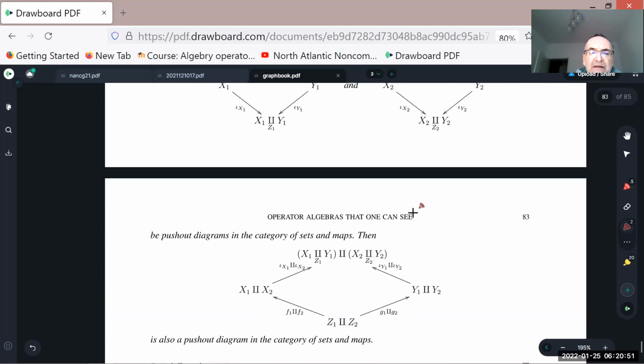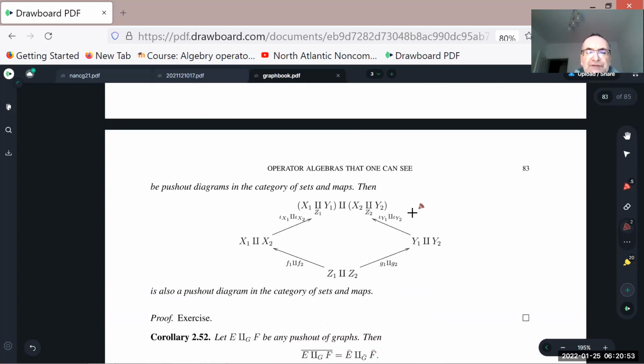I claim that now if I take the disjoint union of x1 and x2, y1 and y2, z1 and z2, and the disjoint union of the maps f1 and f2 and g1 and g2, and then I want to have a push-out in the category of sets and maps of these two maps, whatever I will obtain will be the disjoint union of push-outs.